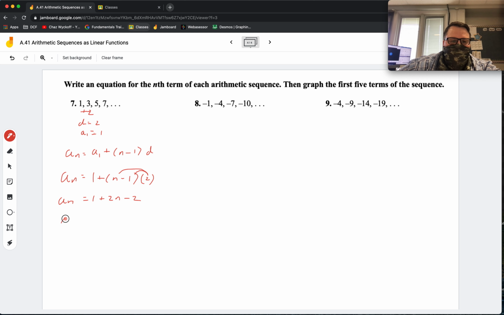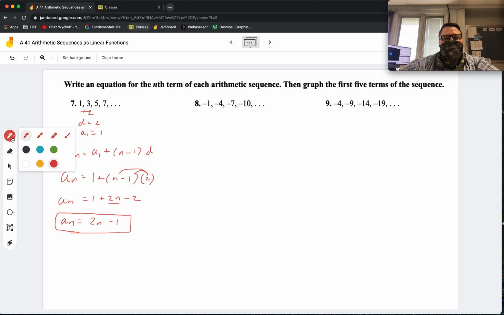So then I simplify this. A sub n equals, I'm going to put my variable out front, so 2n. And then 1 minus 2 is negative 1, so 2n minus 1. And that's that.